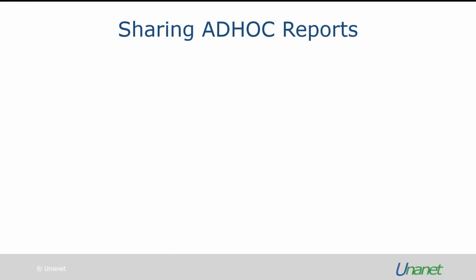I could just hit config on any of my dashboards and be able to see a listing of all of the saved reports. But how do I share an ad hoc? Because that's a little different. It's not a standard report in the system.